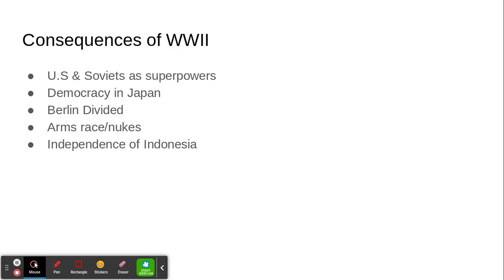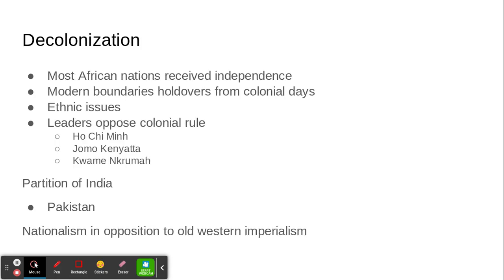Another consequence of World War II, of course, is decolonization and independence in areas such as Indonesia. And of course, we'll lead into decolonization here. Most of the African nations, which had previously been held by European nation states, will receive their independence.